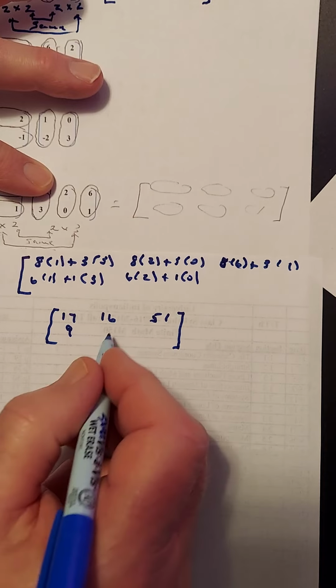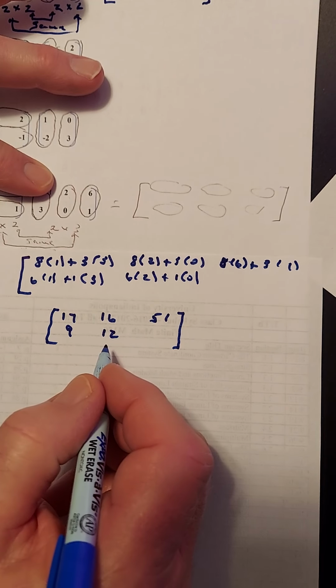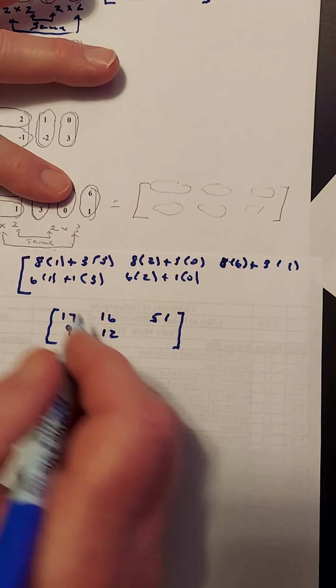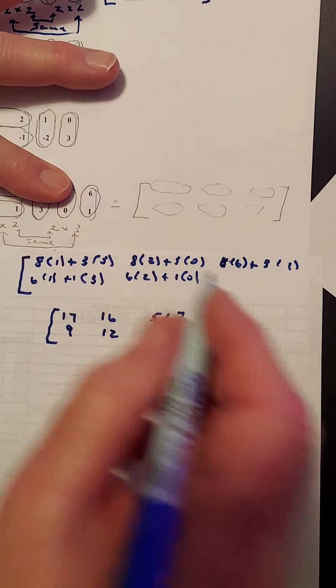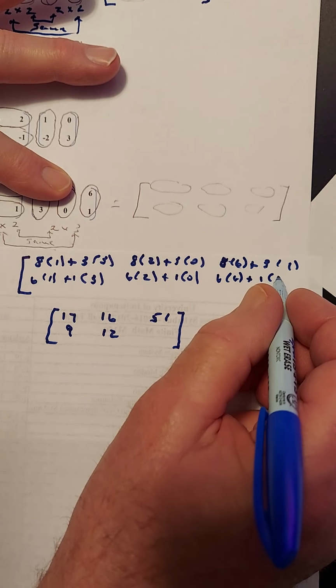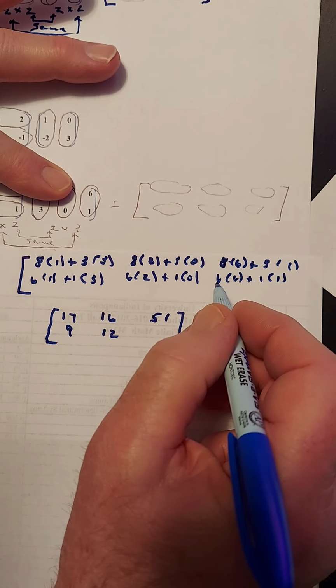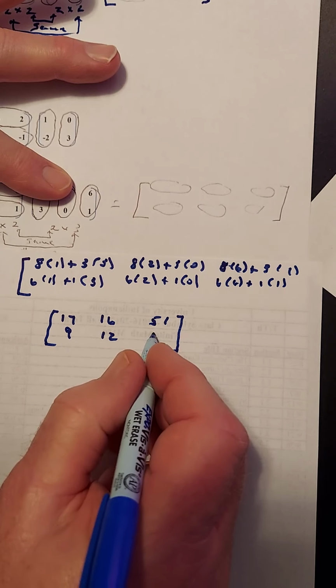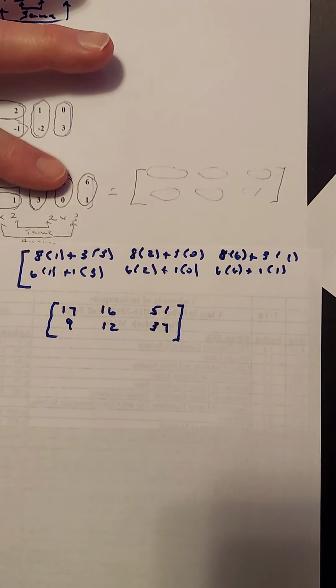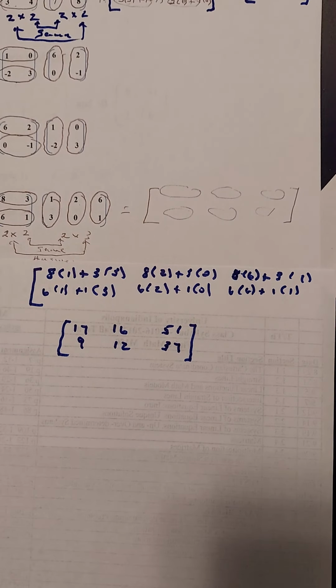So it's 12 plus 0 is 12. And then second row, third column, you're going to have 6 times 6 plus 1 times 1. So that's going to be 36 plus 1 is 37. And there's your 2 by 3 answer.